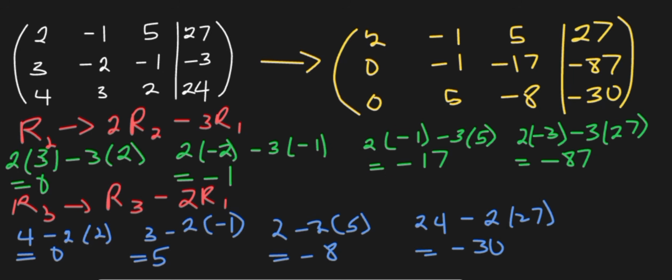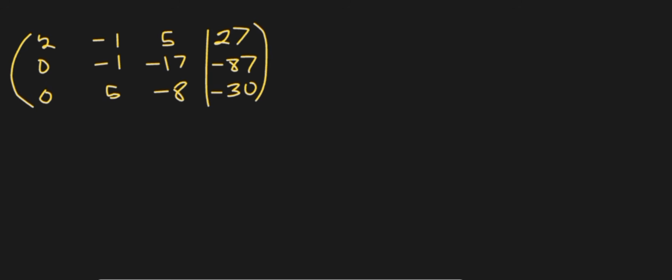Next is to eliminate y from row 3 so that the value on the z column will be the pivot. To achieve this, the operation we'll be carrying out on row 3 is row 3 plus 5 times row 2.